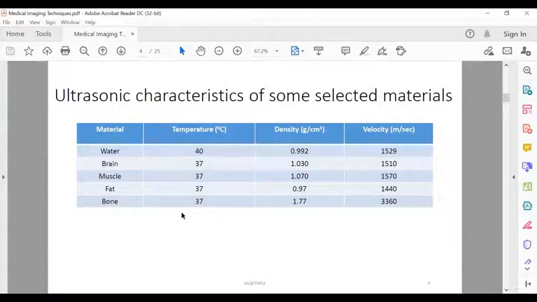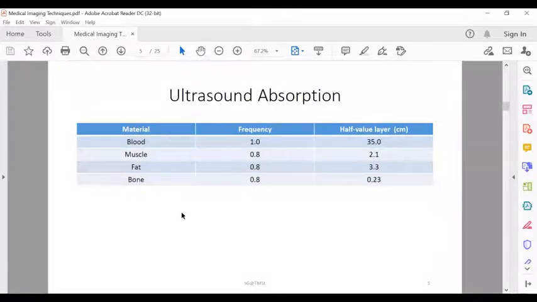So the depth of penetration at which the ultrasound energy is attenuated to half the applied amount is known as the half value layer of the material.